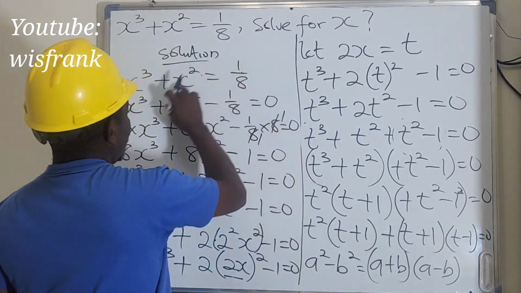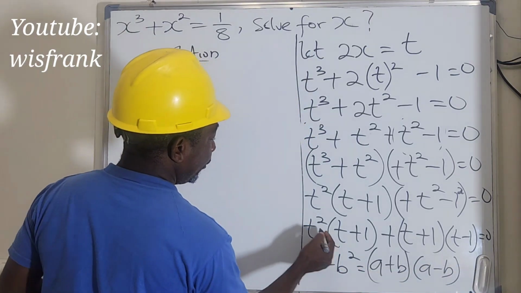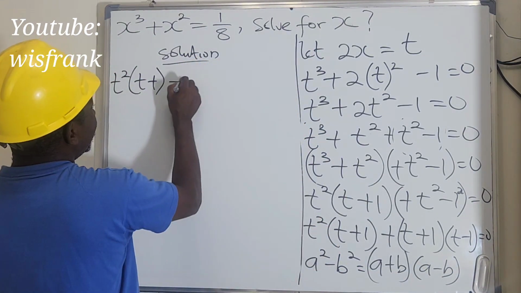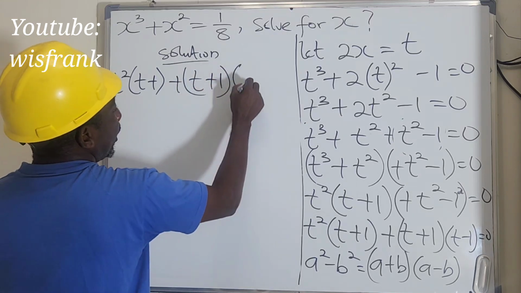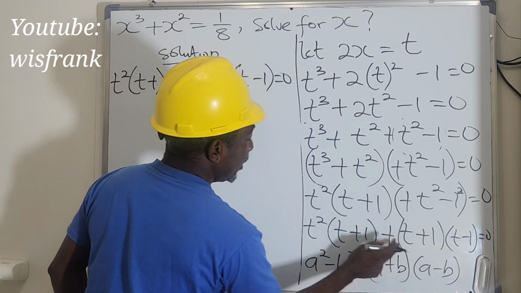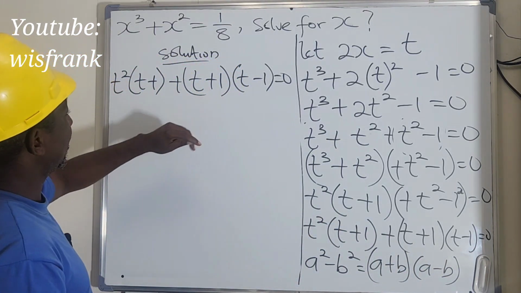So let's clean this to come over to this other side. So as we said, we have t raised to the power of 2, then into t plus 1, then we have plus t plus 1, then into t minus 1 equals to 0. We just transfer this into this other side. So what we are going to do is factor this out.